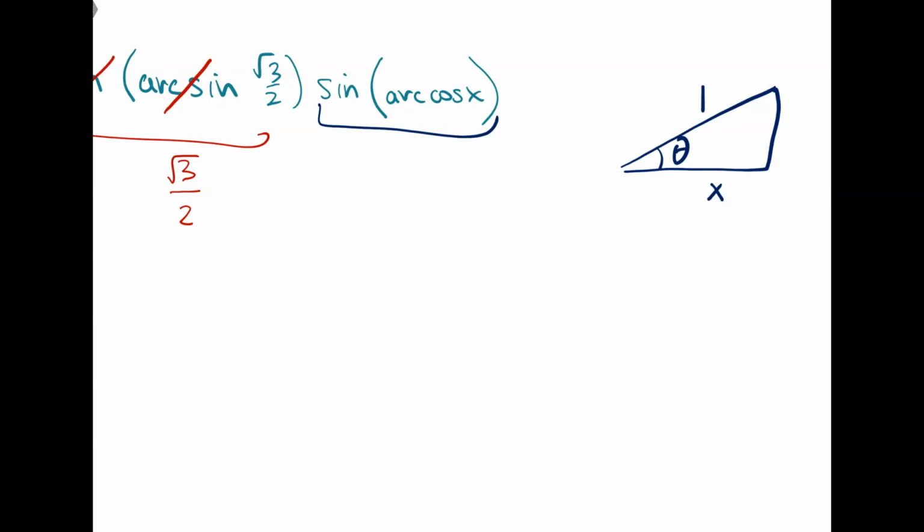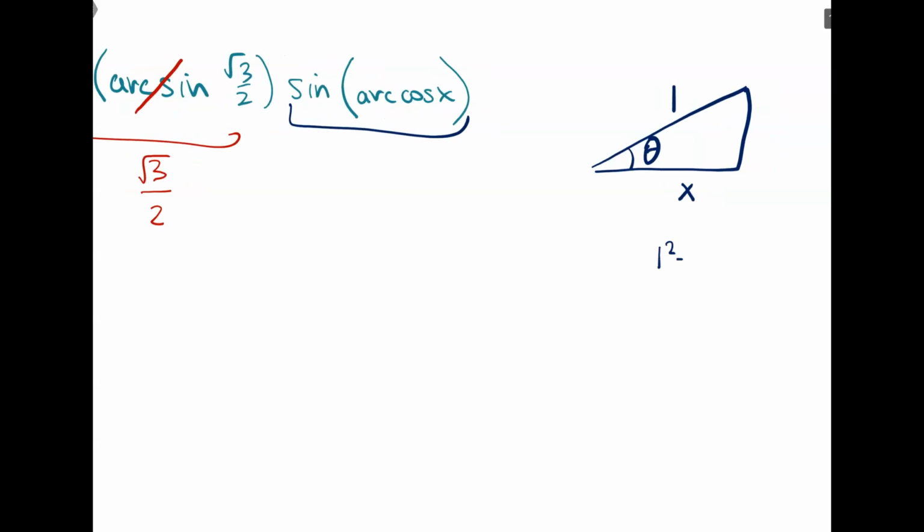Arc cosine x is saying, for what angle is cosine equal to x? Well, this angle I drew, this theta. But then I'm trying to take sine of the same angle. Sine is opposite over hypotenuse. I need to find the opposite side. How would I go about finding the opposite side?